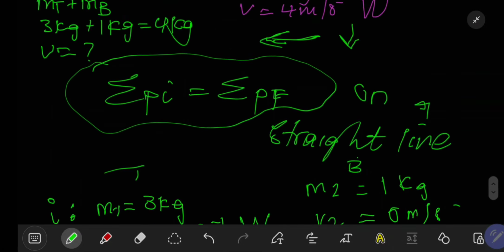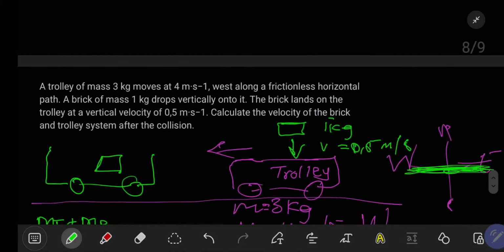Right? So remember, they said to us this is moving in the western direction. Yes, this was moving in the western direction.